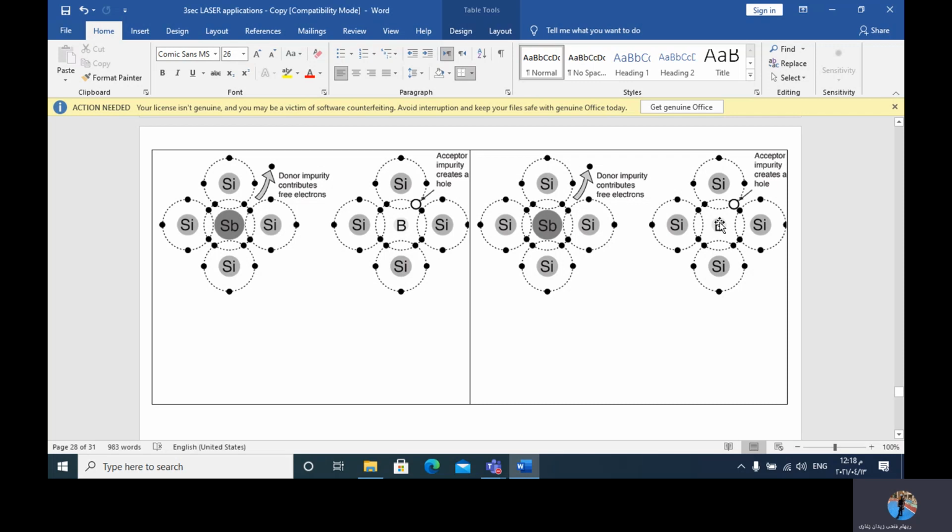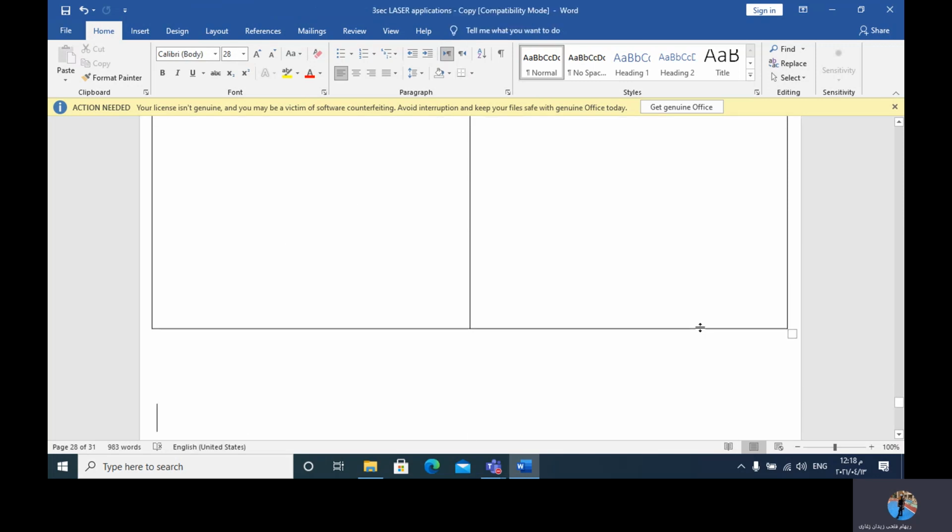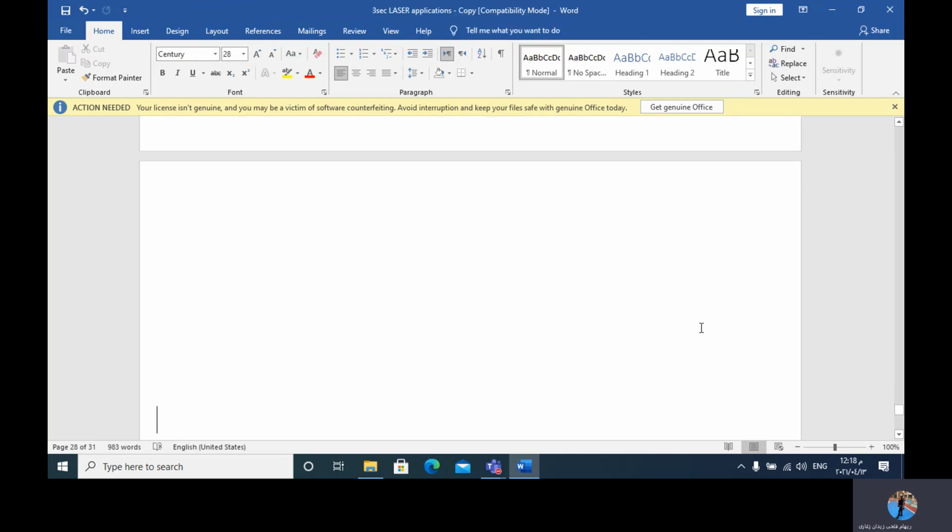Boron is the opposite. Boron lacks 1 electron, one short of silicon, and that's why it provides the p-type, because it accepts an electron. It's called an acceptor impurity because it creates a hole. And this is how things are done.